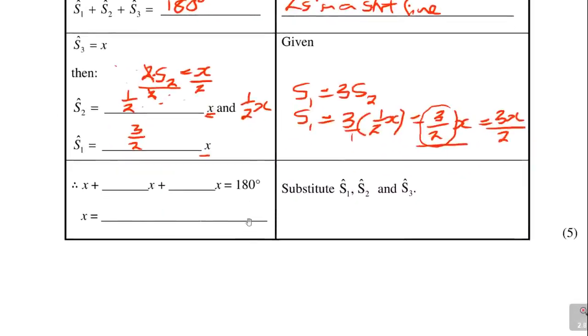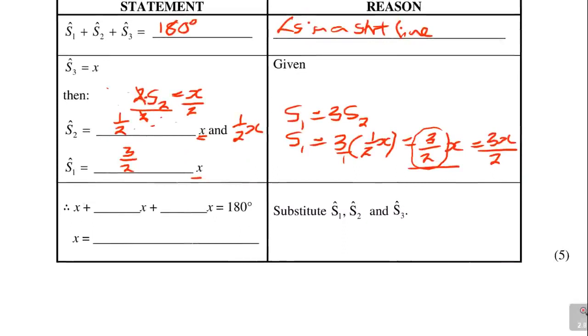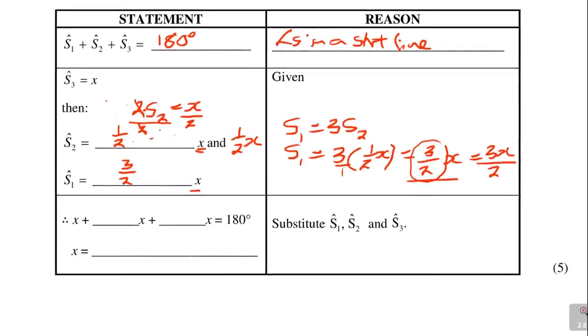It's the same thing. And then they are saying X plus this is equal to 180. Now we are back to S1 plus S2 plus S3. So we are saying here X plus 1 over 2X, that was the first one that we got here, S2, and then plus S1, which is 3 over 2X, is equal to 180.